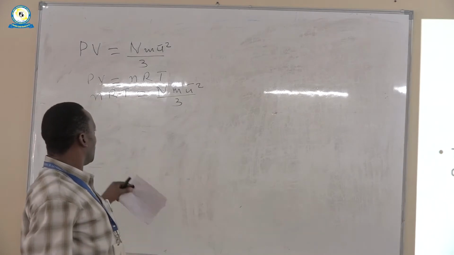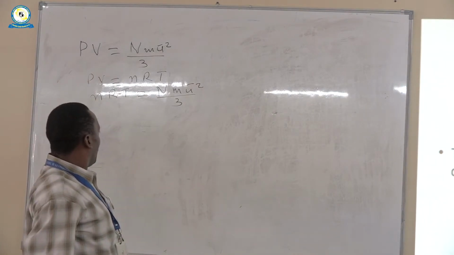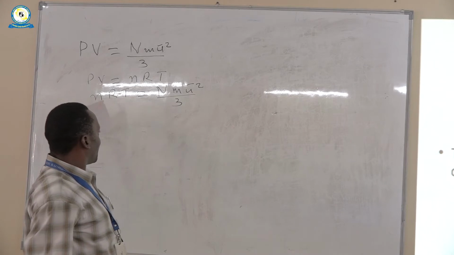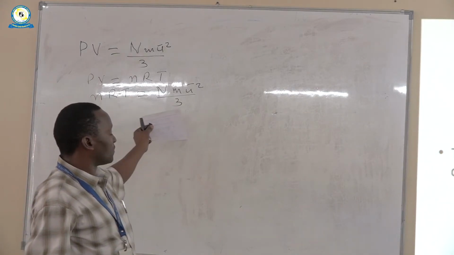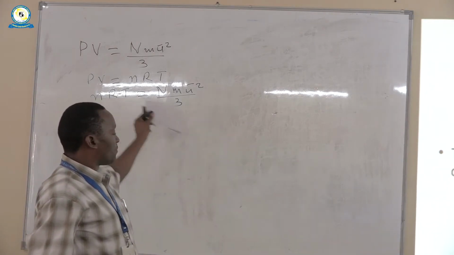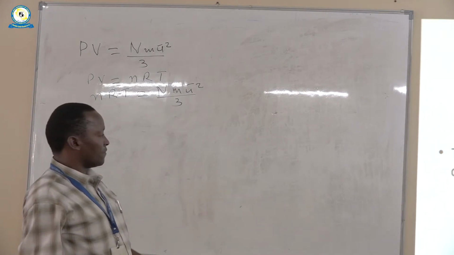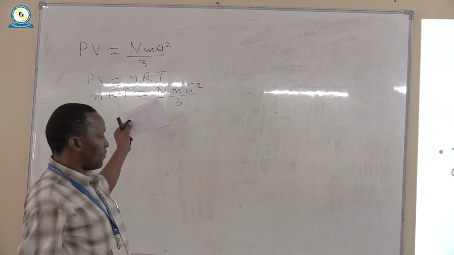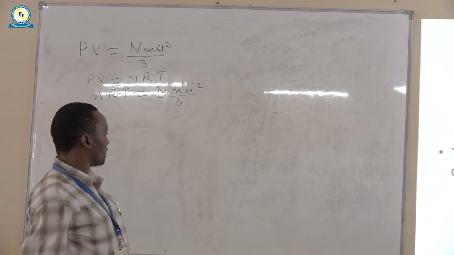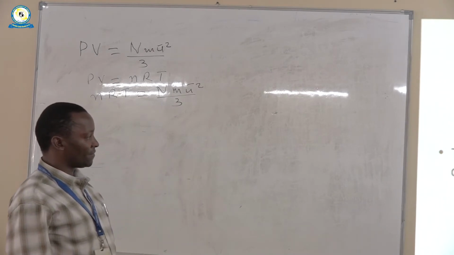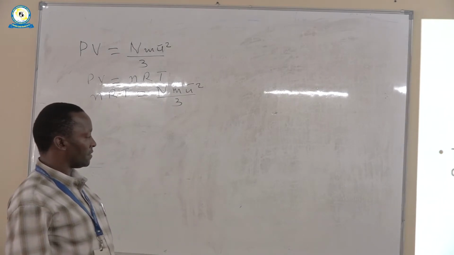So we have number of moles times gas constant times temperature equal to the number of molecules times mass of the molecule times the average velocity squared divided by 3.